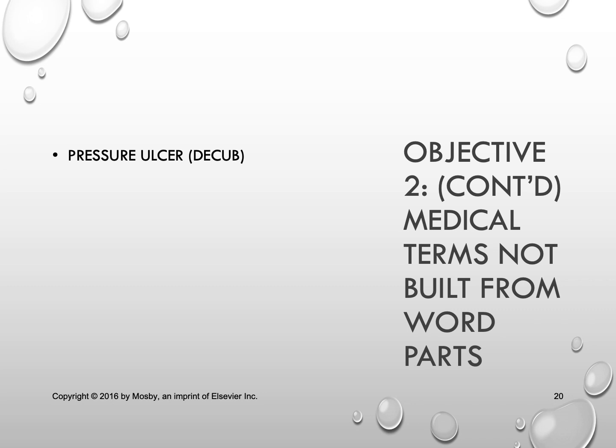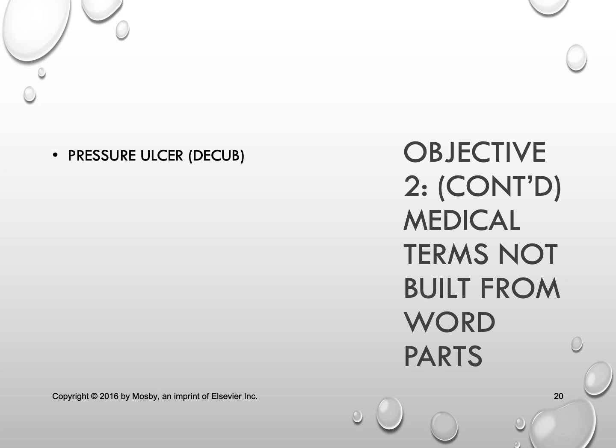All right, some other terms that we should be aware of. The first one is pressure ulcer. Now, a pressure ulcer or pressure injury occurs and causes damage to the skin and the subcutaneous tissue.